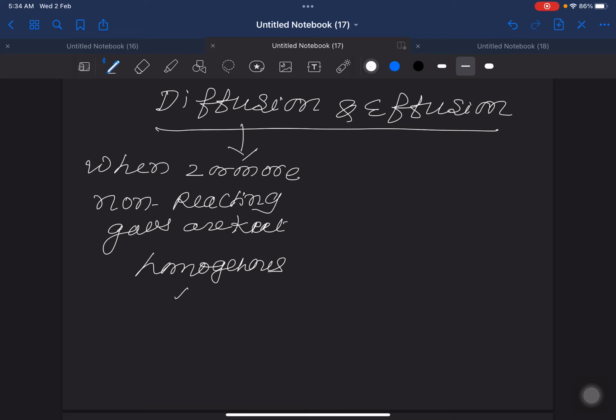This phenomenon can occur even against gravity. This mixing ability of gas is known as diffusion.